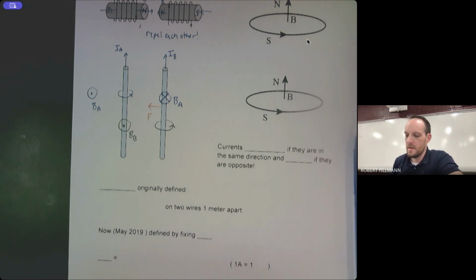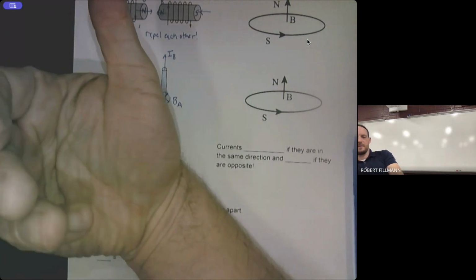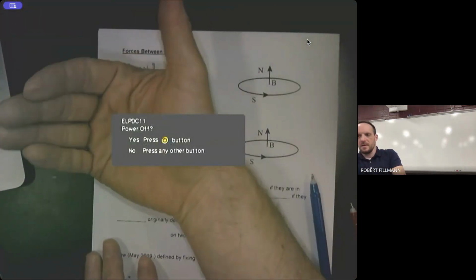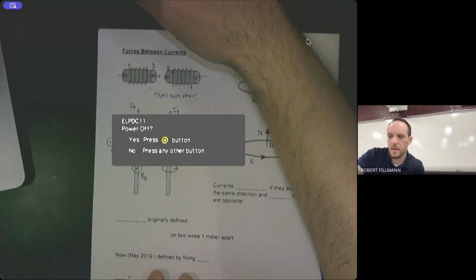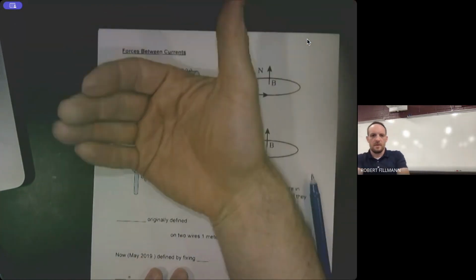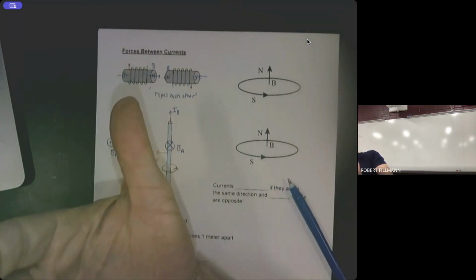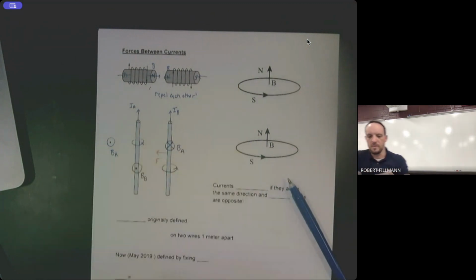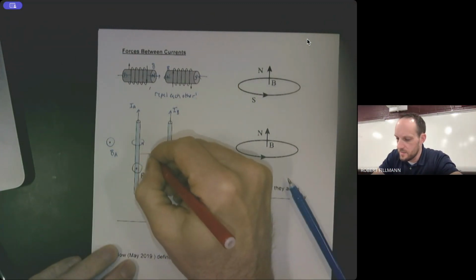And then I'm going to twist my hand around like this. A little hard to do with the dot cam here. There we go. So I'll point my thumb upward and my fingers coming out of the diagram, and this wire is going to get pushed to the right. So this one's going to experience a force in this direction.